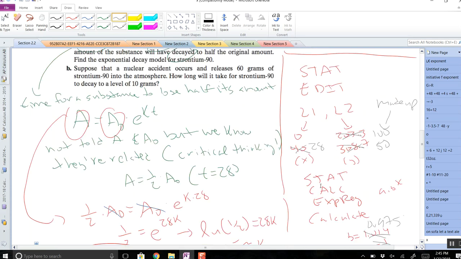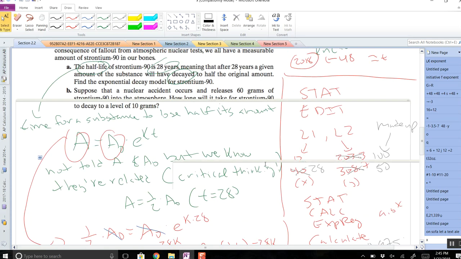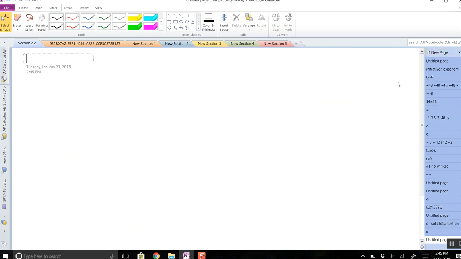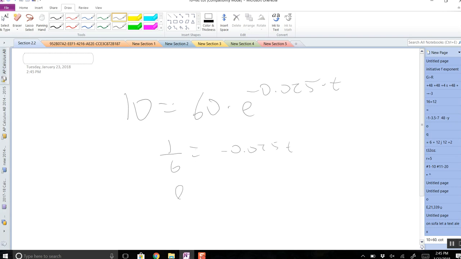Now part B is asking us how long does it take for the substance to go from 60 grams to 10 grams. So I'll need to create a new sheet here. 10 grams, 60, E^(-0.025T). So you're going to do this in a very similar fashion as we did in the previous example. You're going to solve for T by taking natural log of 1/6.